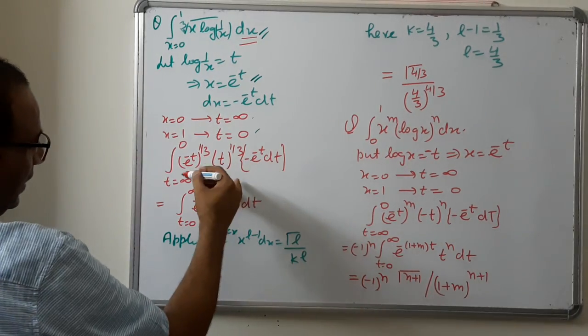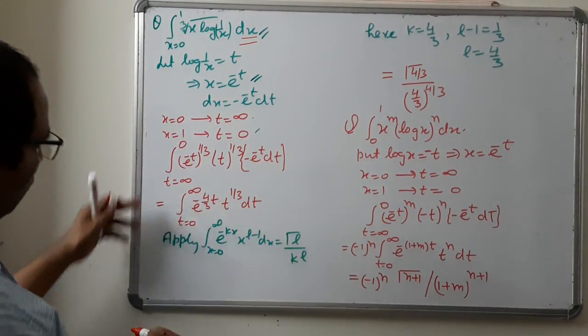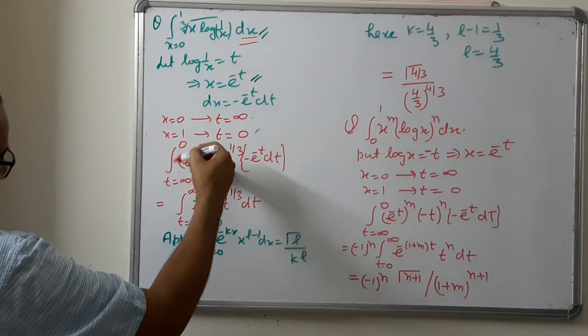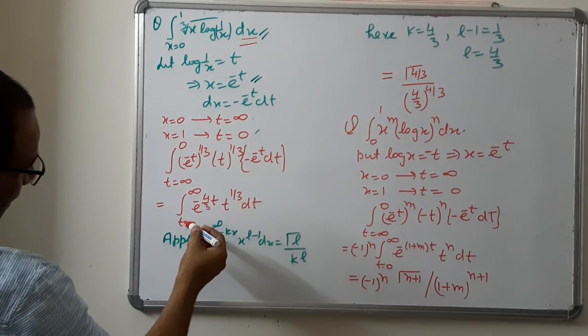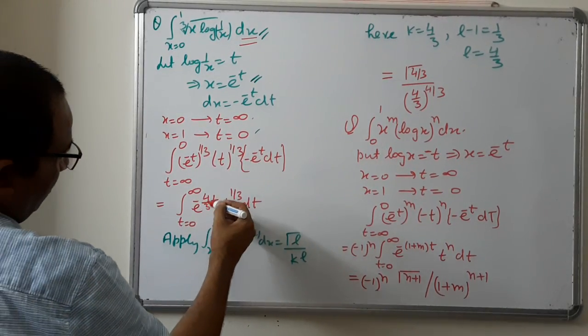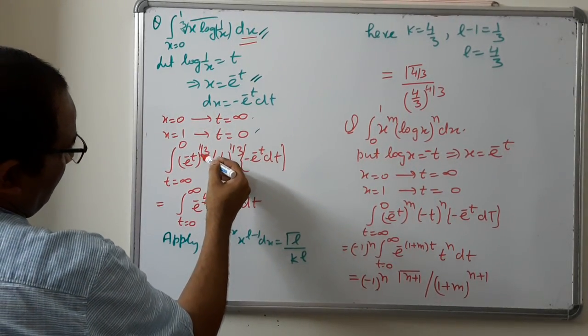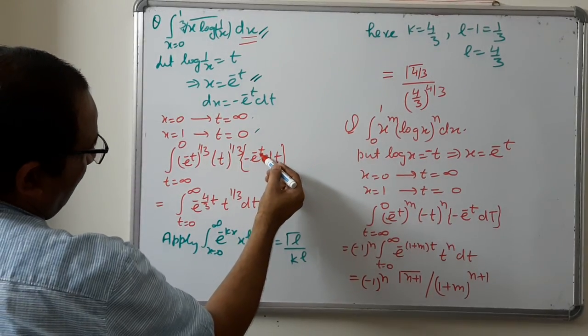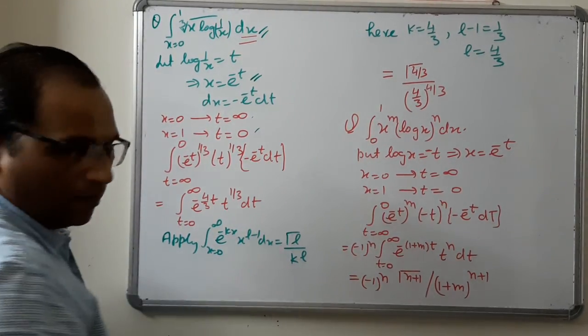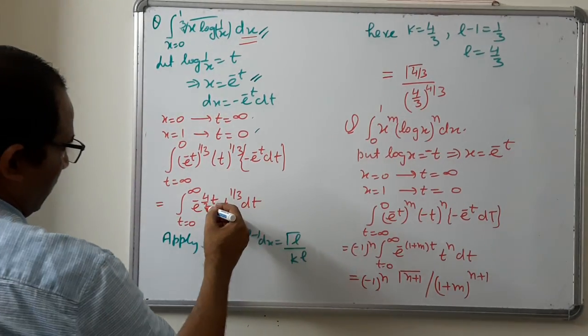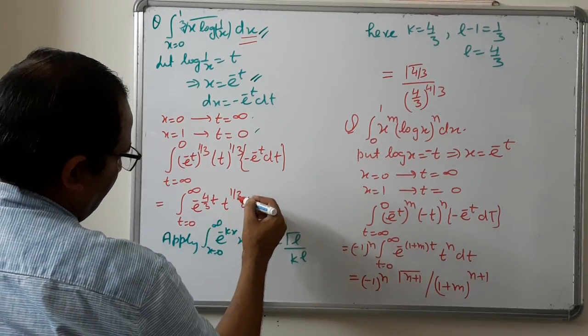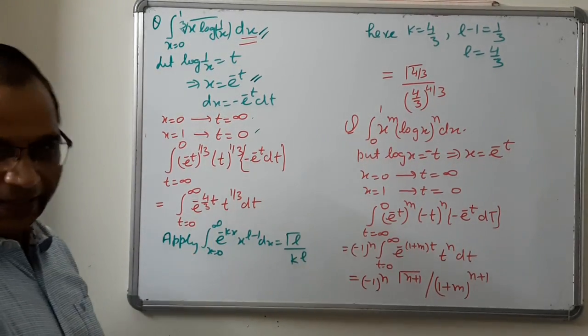Take this minus sign and change the order of the limits, that means t equal to 0 to infinity, e to the power minus t by 3 and minus t, right? So 1 by 3 plus 1, that is 4 by 3. So e to the power minus 4 by 3 t, t to the power 1 by 3 dt.